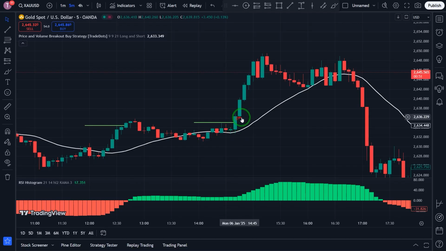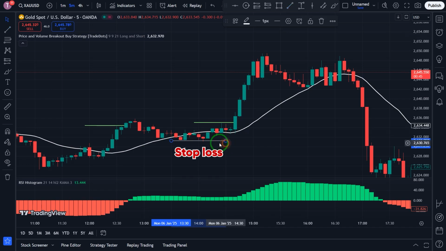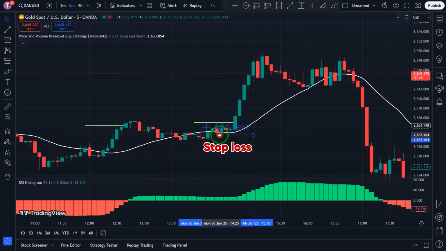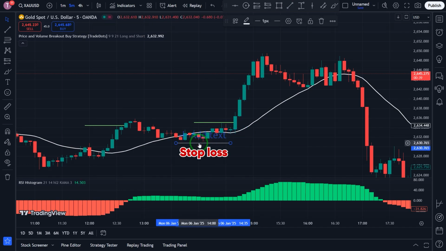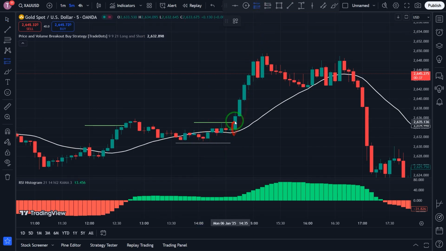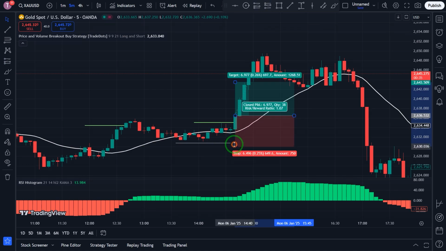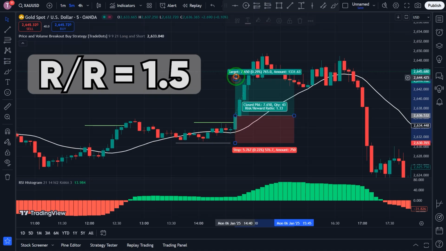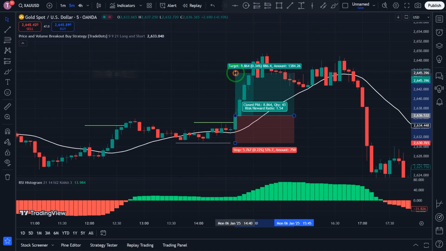Once all these conditions are met, we need to look for a level to set our stop loss. To do this, we can place our stop loss slightly below the last swing low or below the moving average. Now for the take profit, we can set a risk to reward ratio of 1 to 1.5 and wait for the trade to close in profit.